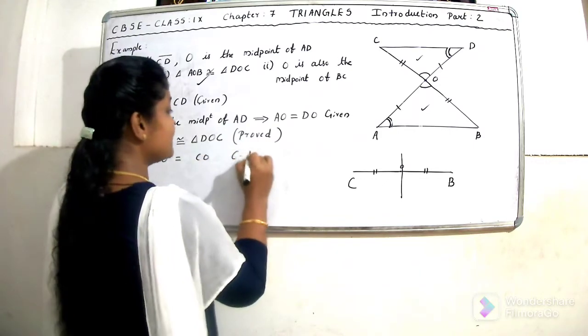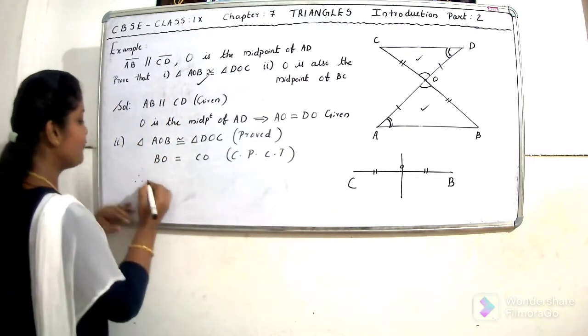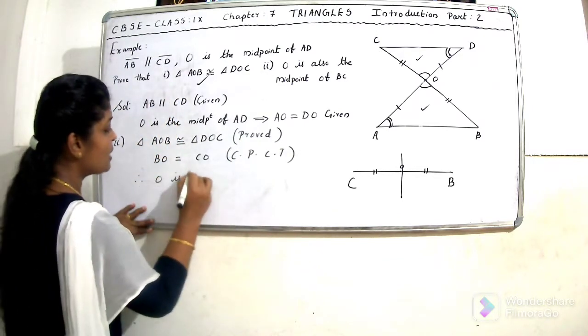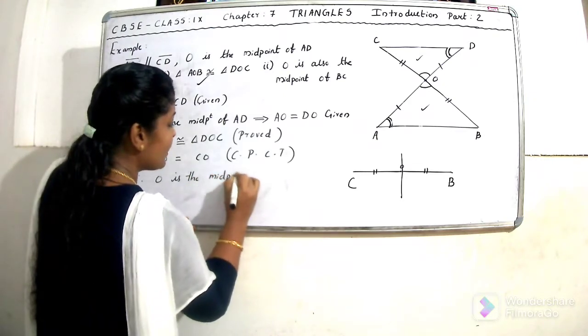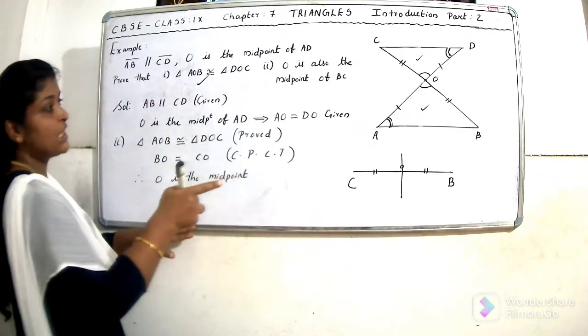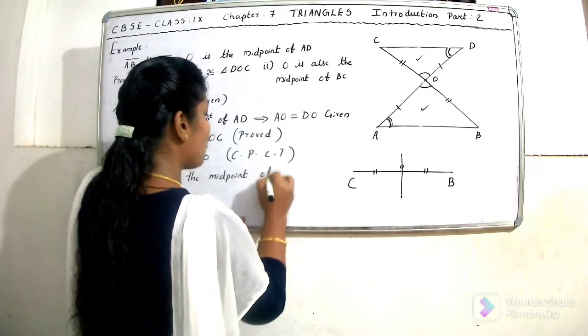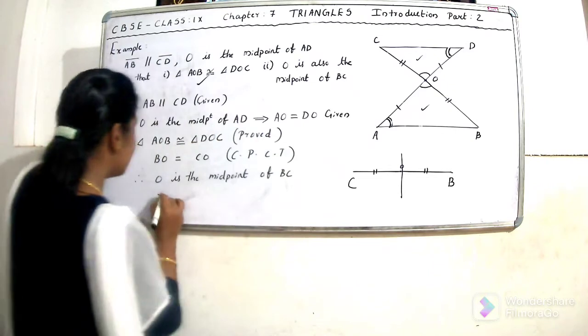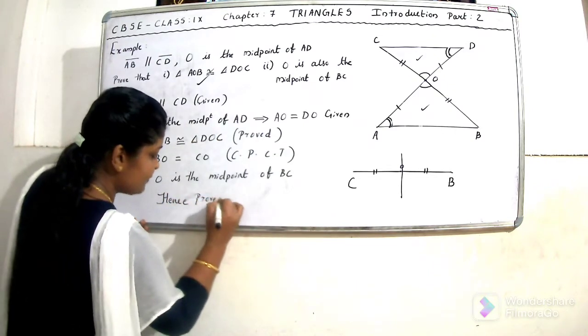By CPCT, they are equal. Therefore O is the midpoint of the line segment BC. Hence proved. Both the cases we proved.